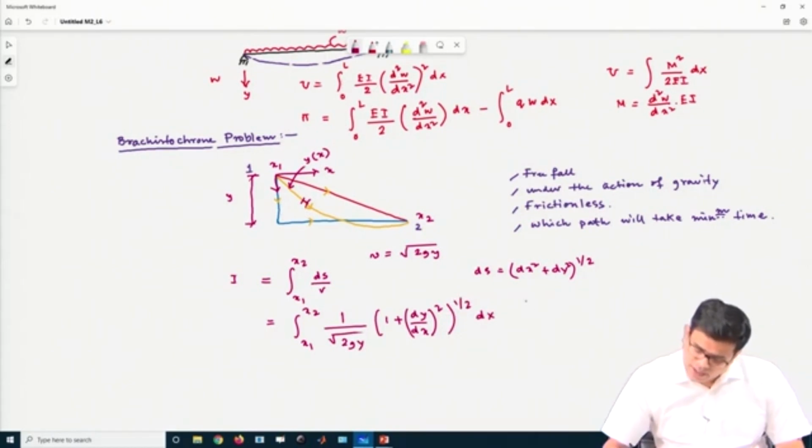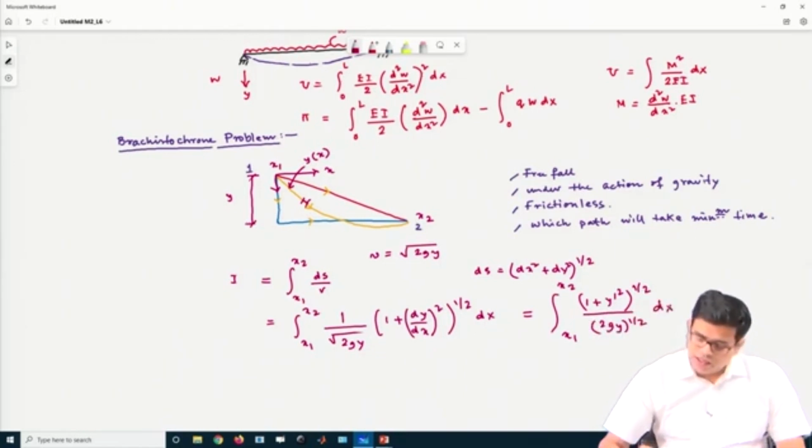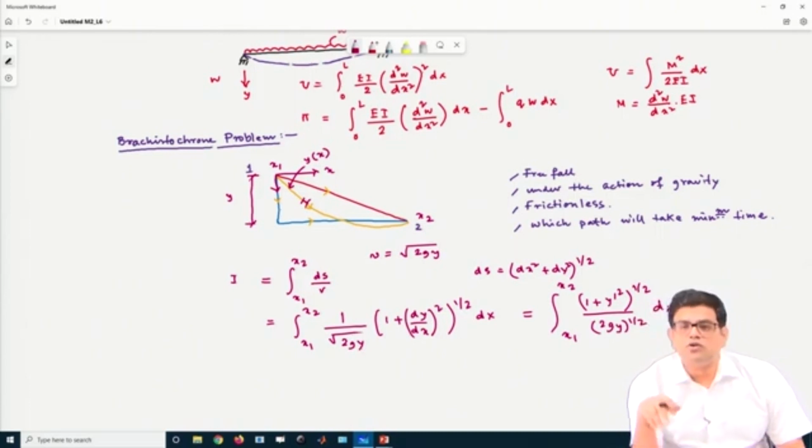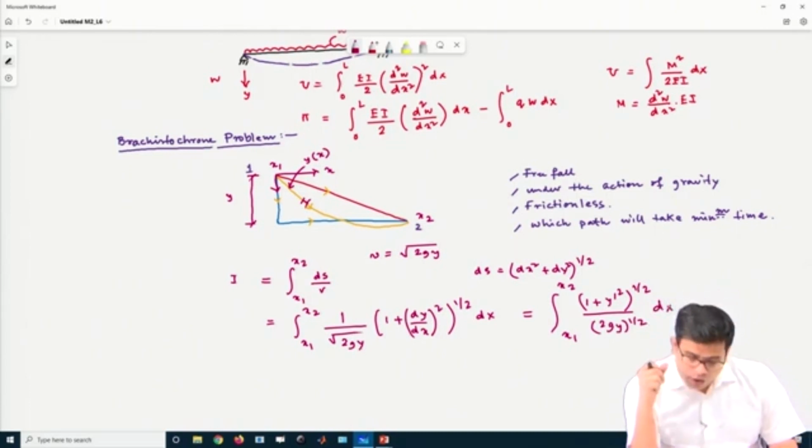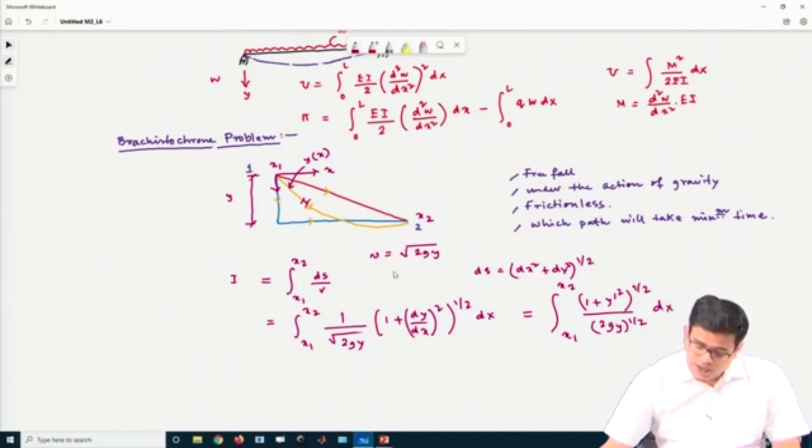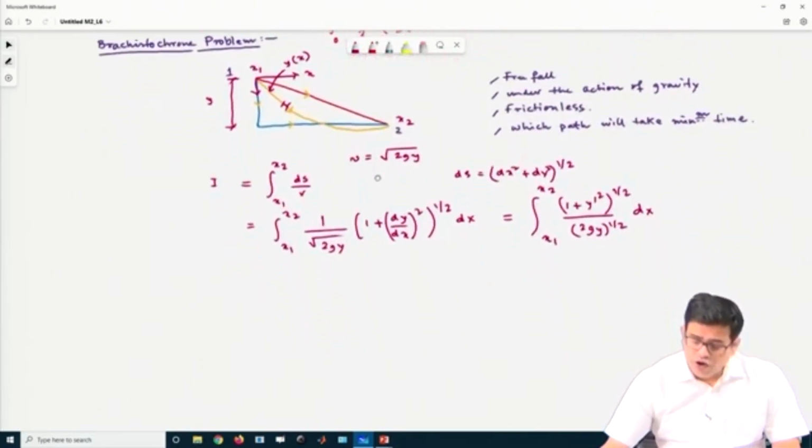If I take dy dx as y prime, then this functional looks like this: 1 plus y prime square to the power half, and 2gy also to the power half. So this is the functional that we need to minimize for solving this problem. The objective here is to find the optimal path y of x.